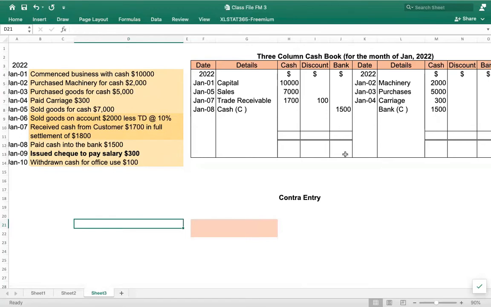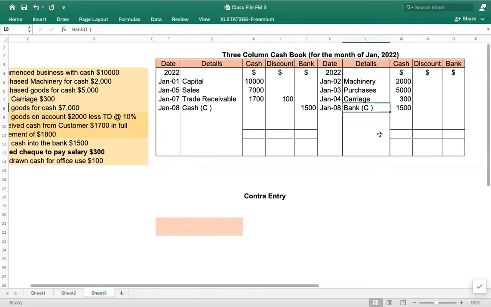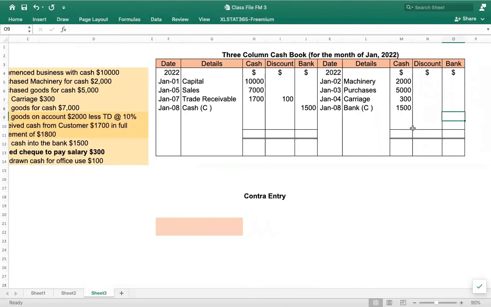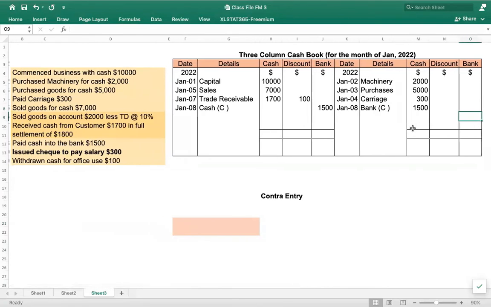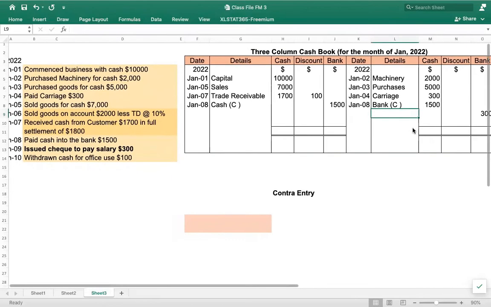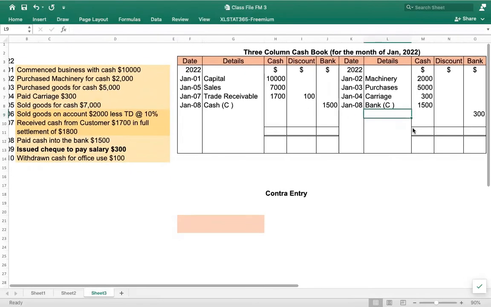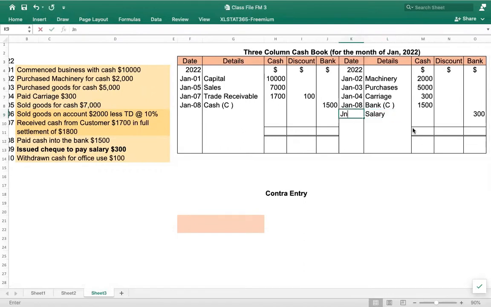Yes. So decrease in asset, credit. Let me put the date here, Jan 8. So credit side in the bank column, because bank is decreasing. So 300 I will write here. And what is the name of the other account? The other account is salary. Yes, salary. And the date will be Jan 9.